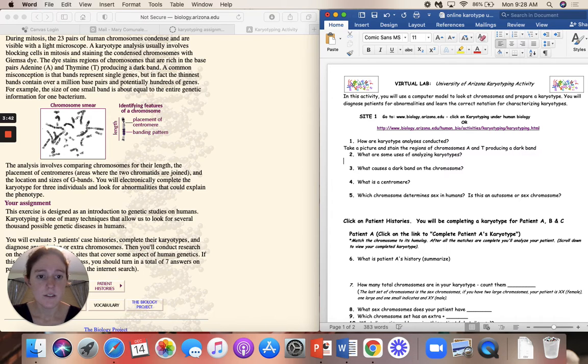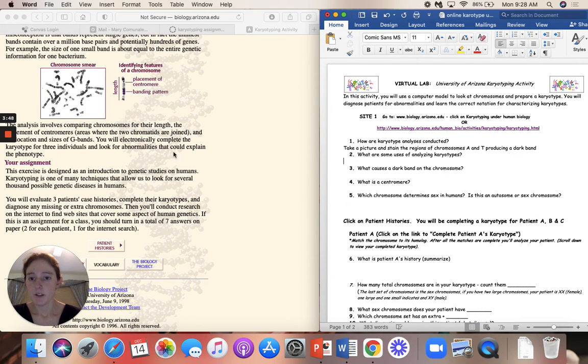What are some uses of analyzing karyotypes? Well, we know that we're going to be looking for abnormalities. You could also use this for paternity testing.